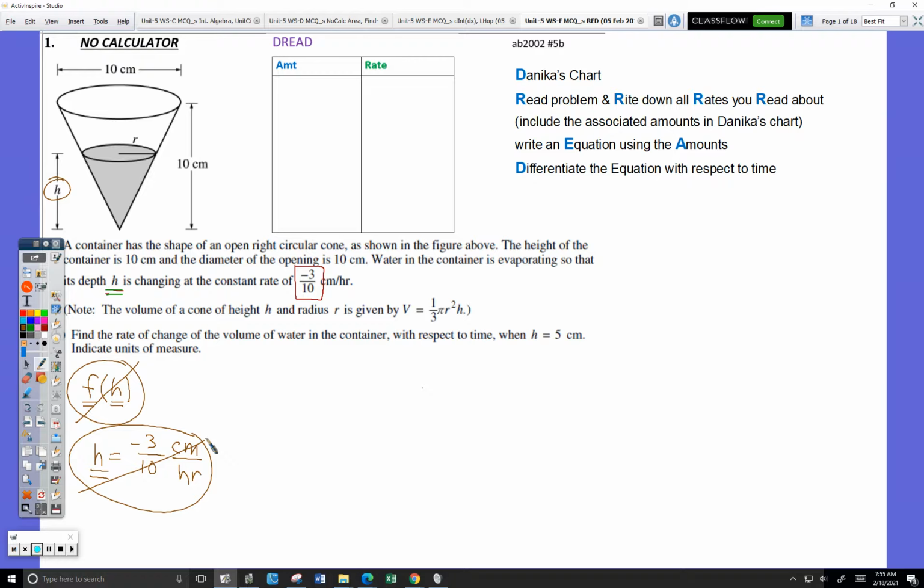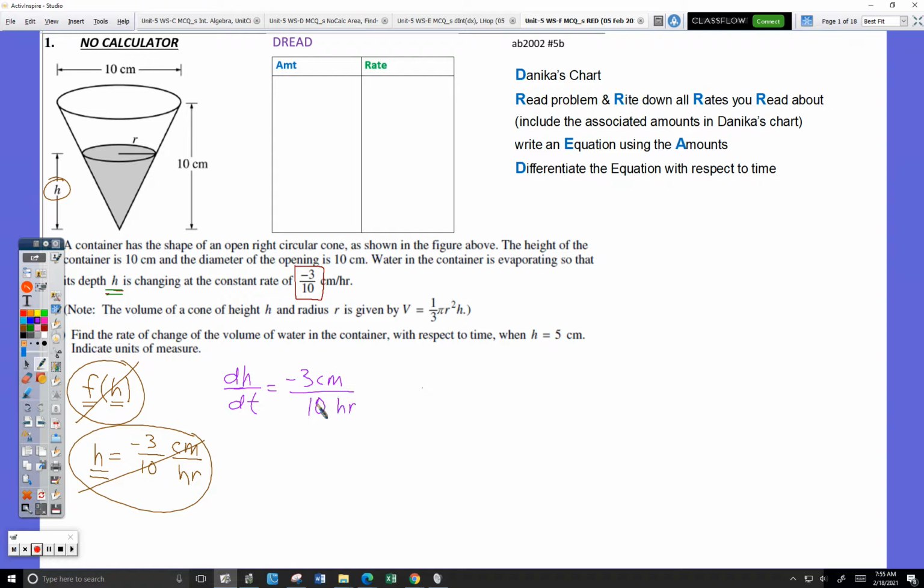Else? Other ideas? Lieutenant? Is it the derivative? So dH over dt, which means the rate at which H is changing. H is changing by 3 centimeters every hour. Well, actually, every 10 hours. Said that wrong.